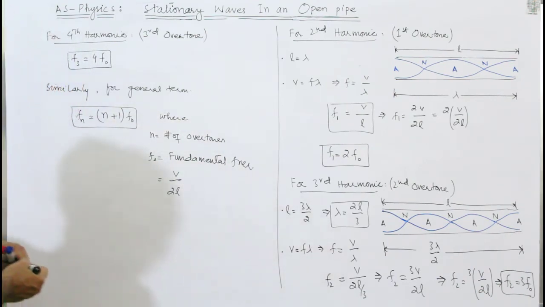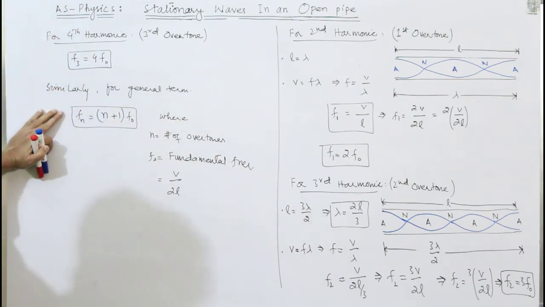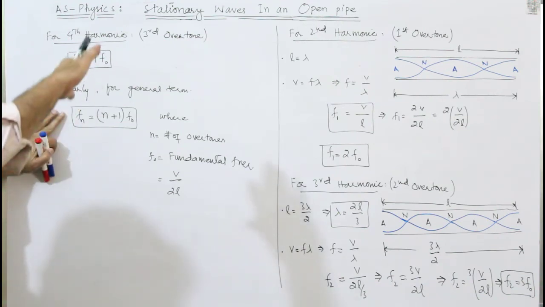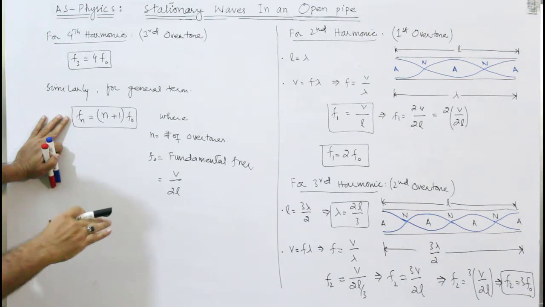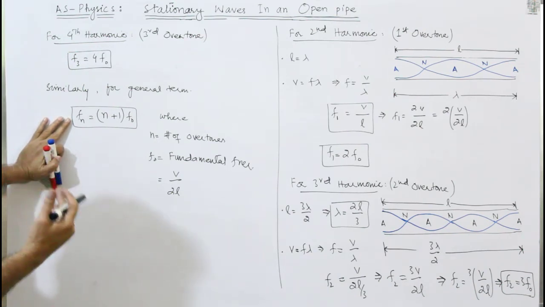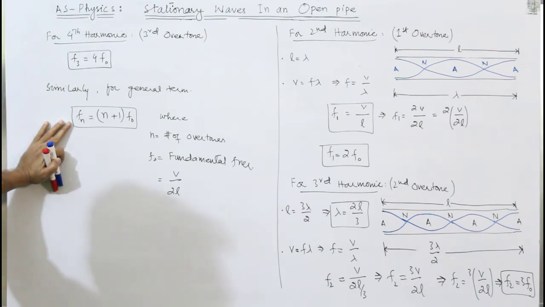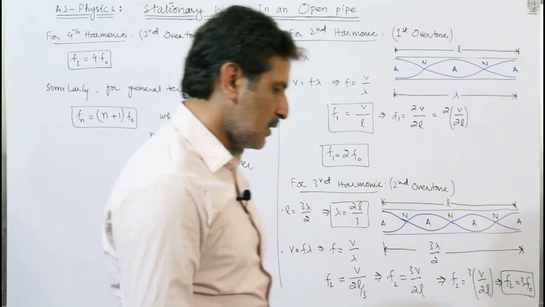And now, students, this general term is not important from the examination point of view. Only the sequence by which we can find out the calculation of the frequency for the different harmonics and overtones is important. Okay, students, thank you so much. Now the topic is completed.